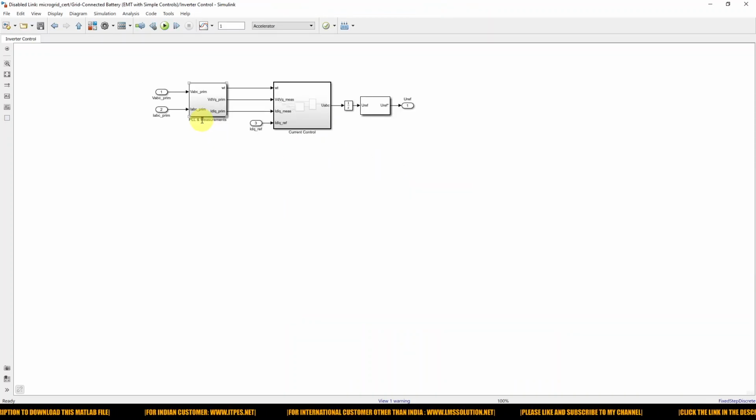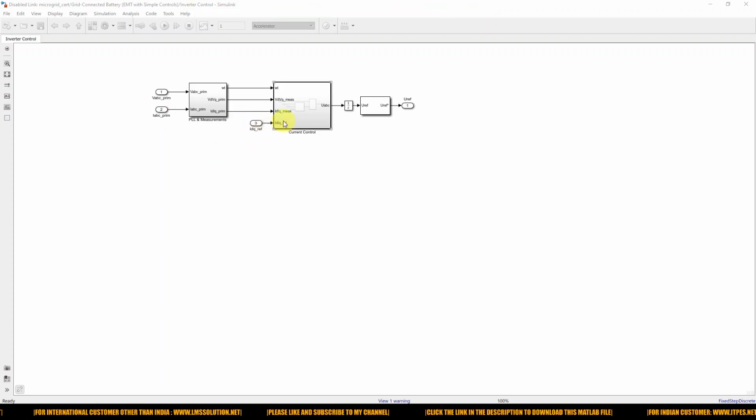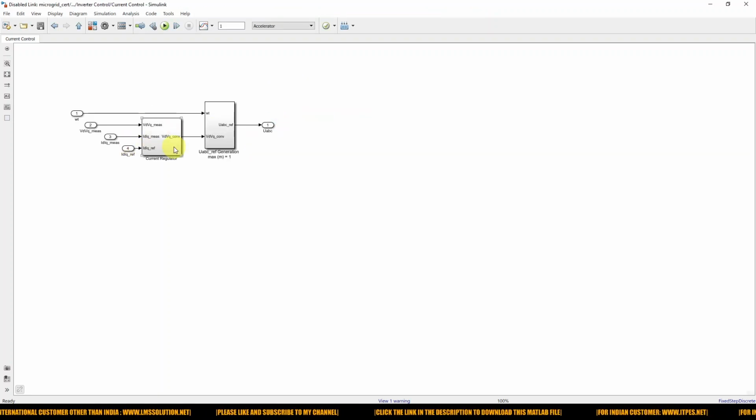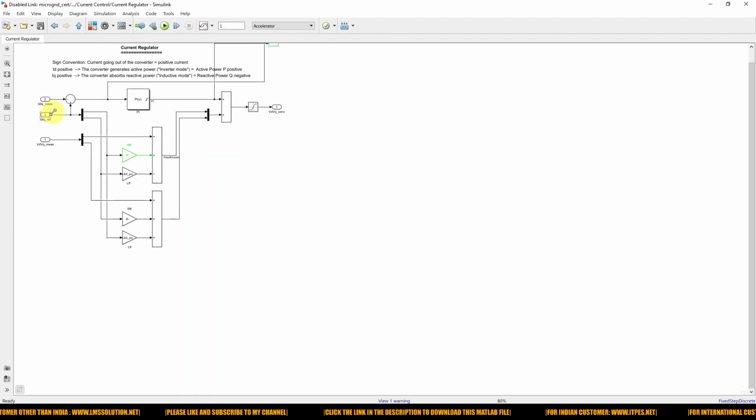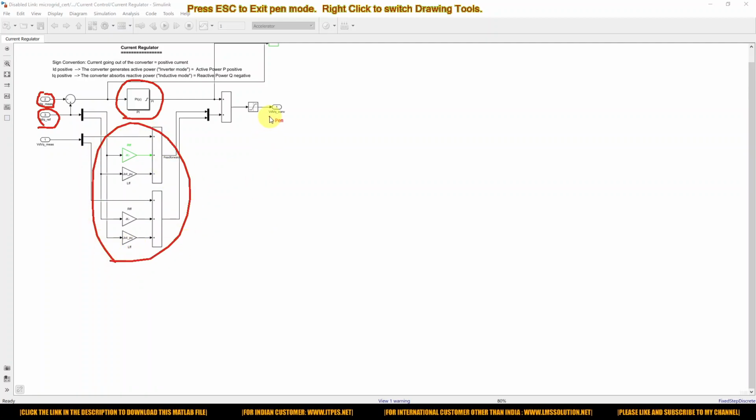Inside this, first you need to convert the grid inverter voltage and current into DQ form, ABC to DQ form, and then we compare the actual current with the reference current, and it is processed via a PI controller. Here we also use feed forward control. Finally we get the VD VQ control signal.